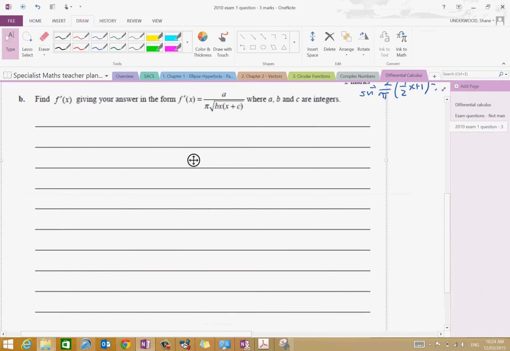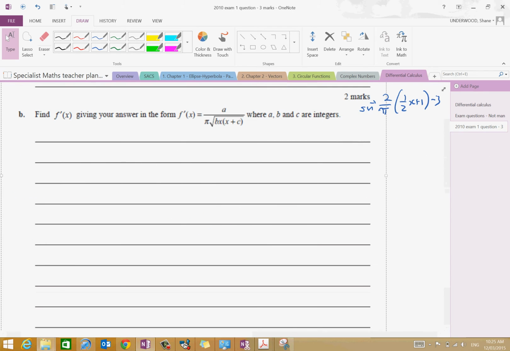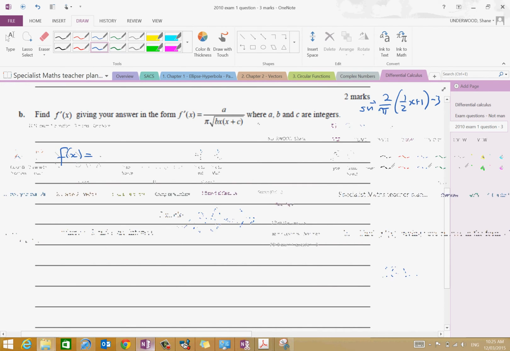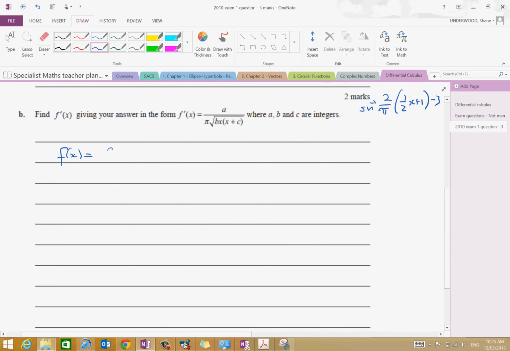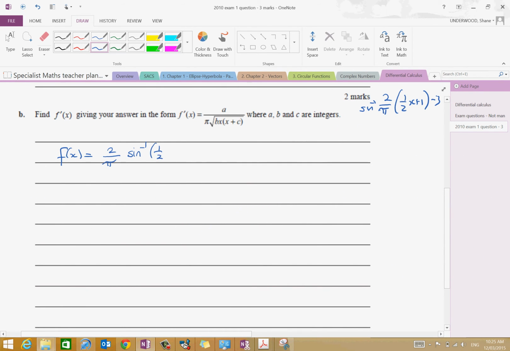There we go. Now, first of all, we're going to do this question. I'm going to do it really quickly, and it's got 3 marks. So what we're going to say is I've got f of x. I'm going to write it again. f of x is equal to 2 on pi inverse sine of a half x plus 1 minus 3.